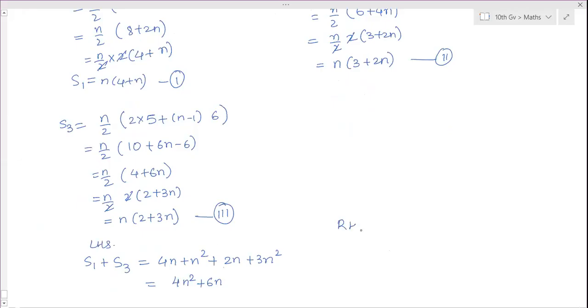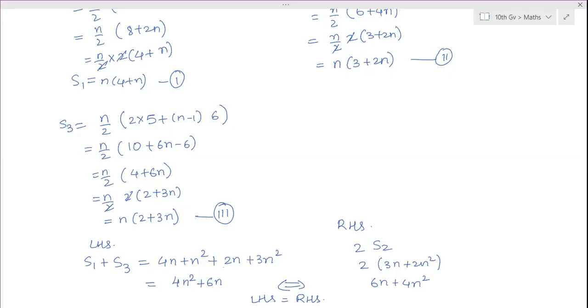Similarly, find out the RHS, 2 into S2. So 2 S2 is 2 into 3n plus 2n square, so 6n plus 4n square. These are equal. LHS is equal to RHS. Clear? Yeah, ma'am.